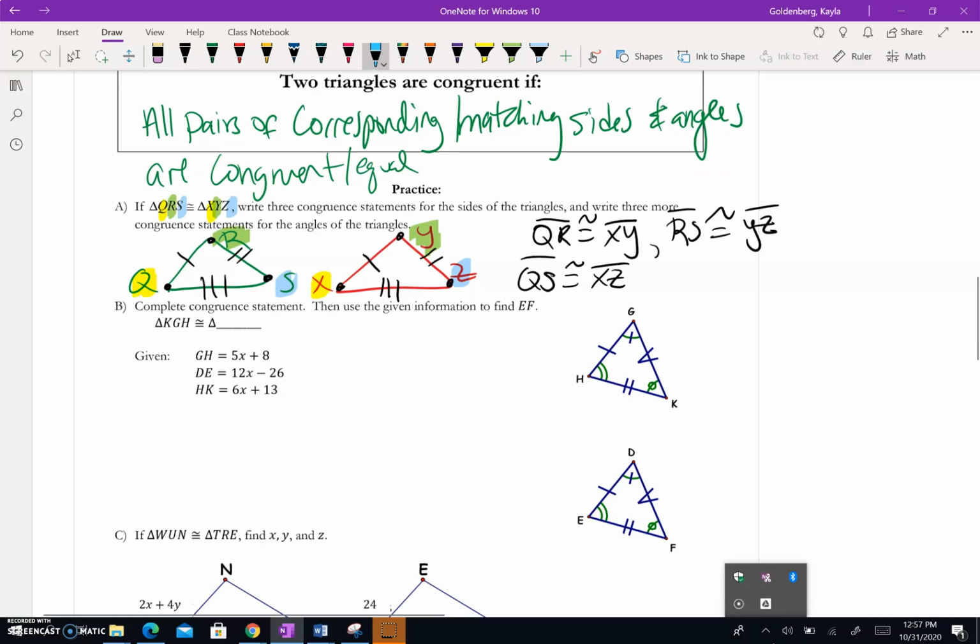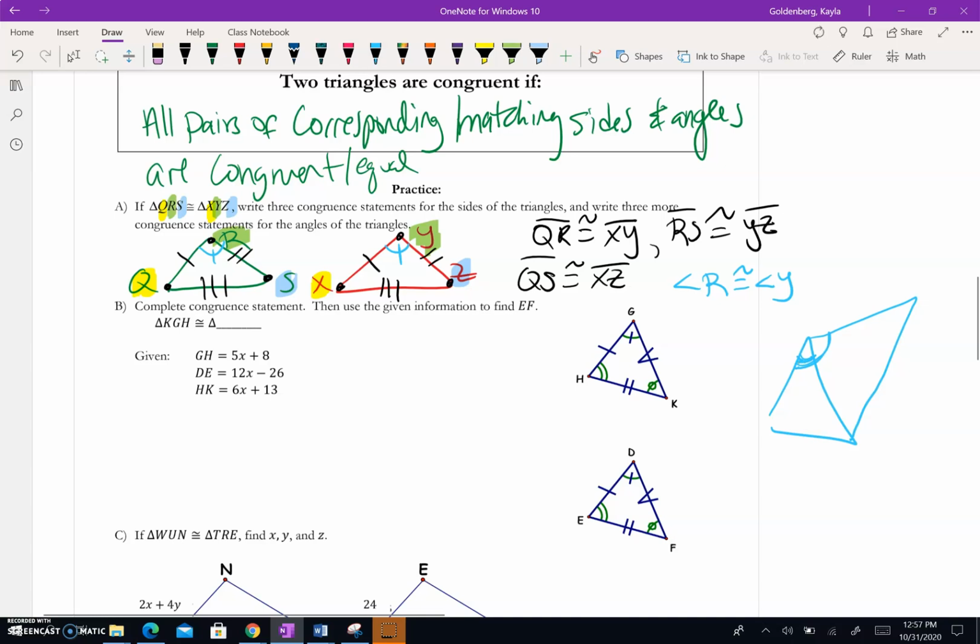I also want to do some angle statements. So I know the top angle is equal to the top angle. For this one, you can just say angle R is congruent to angle Y. And the reason why is because there's no doubt about which angle is R versus Y. If this was part of a more complicated diagram and there were more angles coming from that point, like if you had something like this, and I was focusing on this specific angle down here, there's no way to tell which angle I'm focusing on.